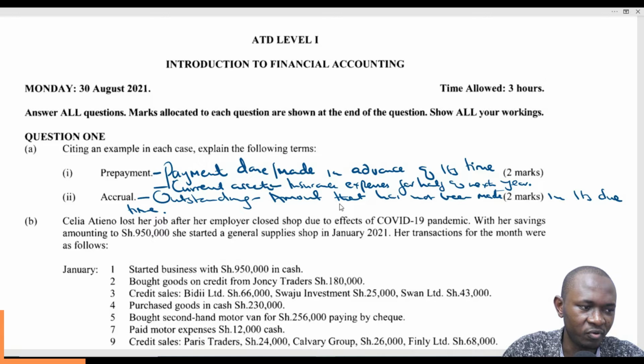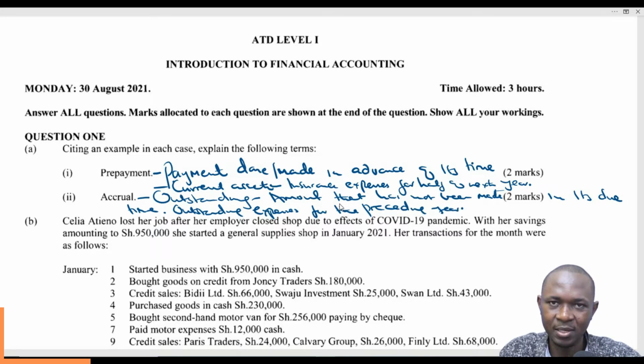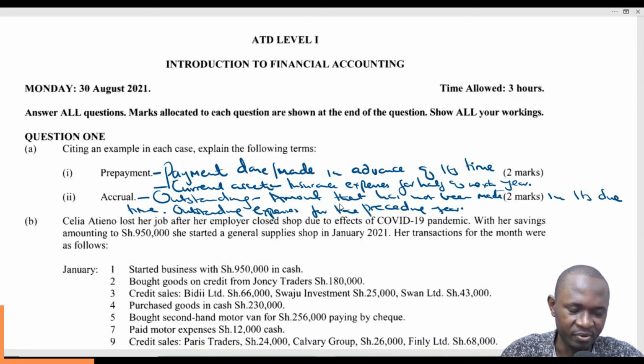For example, if we have outstanding expenses for the preceding year, say we were supposed to have paid wages and salaries for last year, but we have not yet paid up to today, and this is a totally different financial period from last year's, then we talk of an accrued.